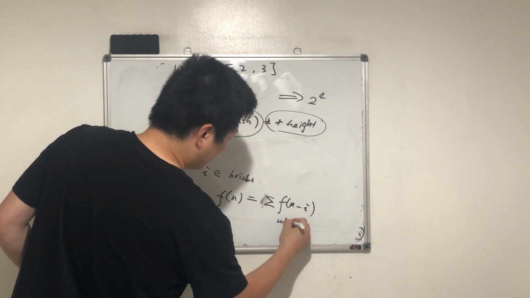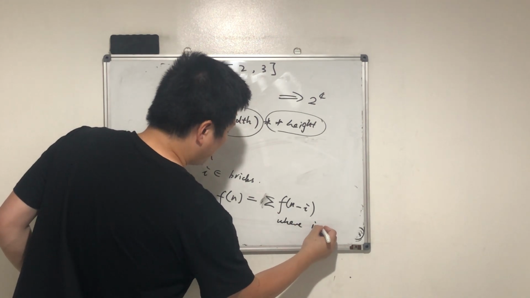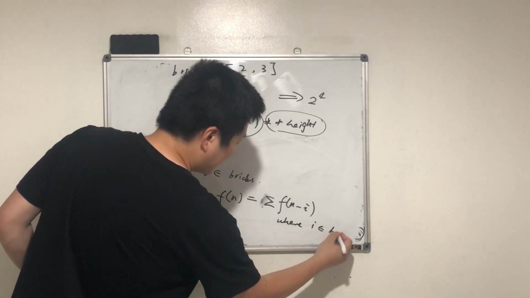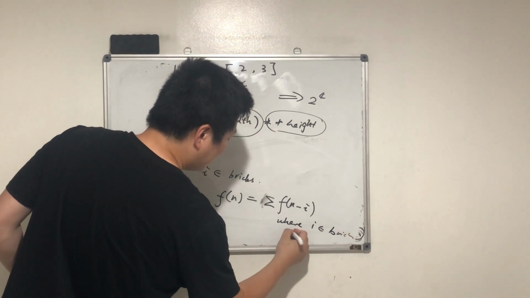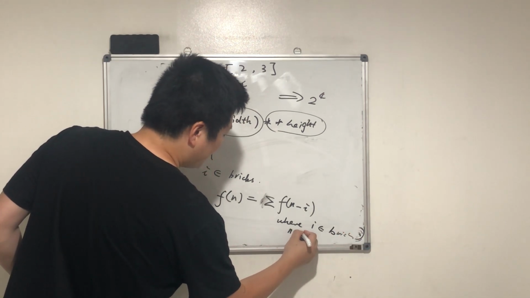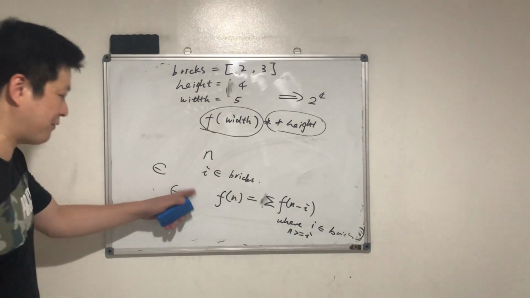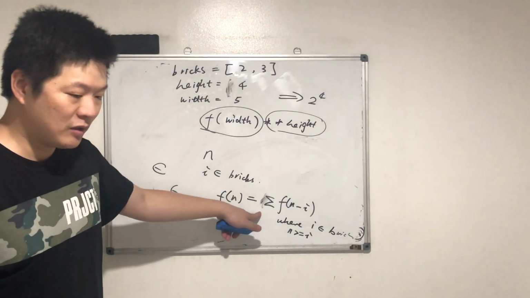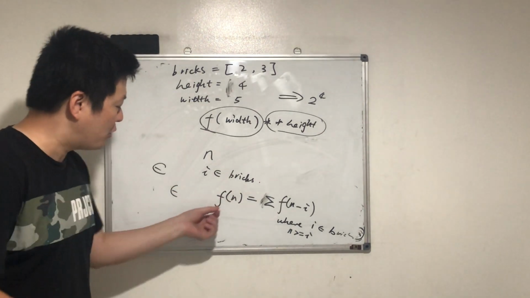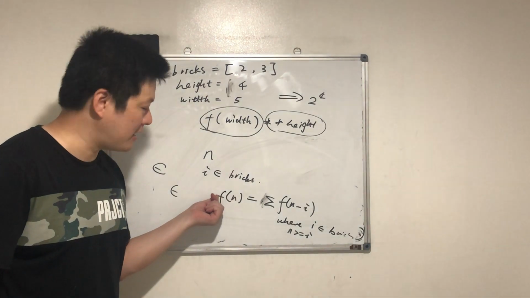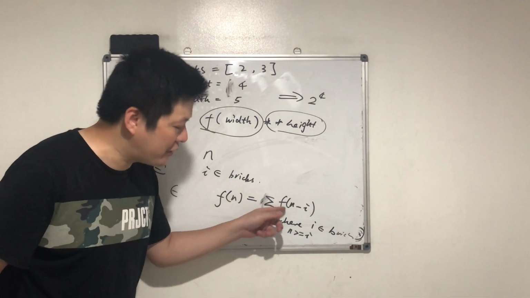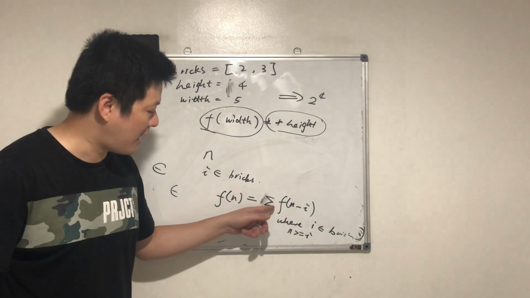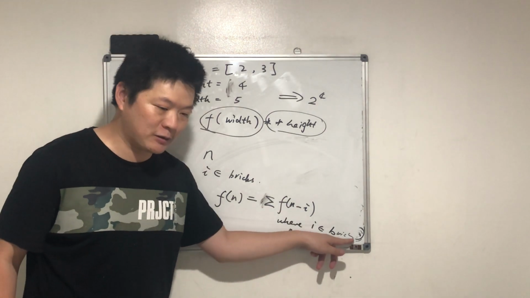Where I belongs to the bricks, okay, and n bigger or equal I, okay. So this is the function we want to calculate, right? Look, we want to calculate Fn function, and we need to calculate Fn minus I, where I belongs to bricks.